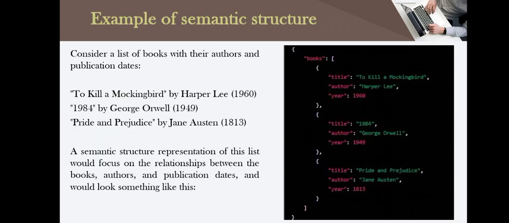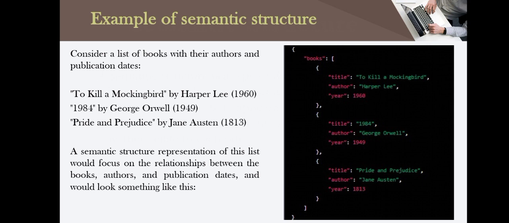Example of semantic structure. Consider a list of books with their author and publication dates. To Kill a Mockingbird by Harper Lee, 1960. 1984 by George Orwell, 1949.